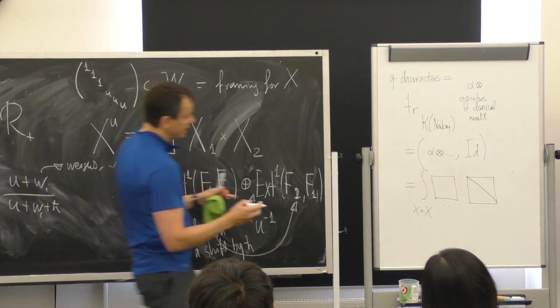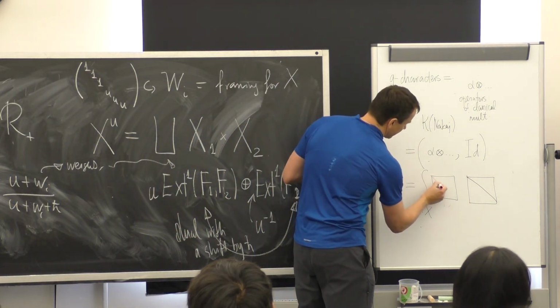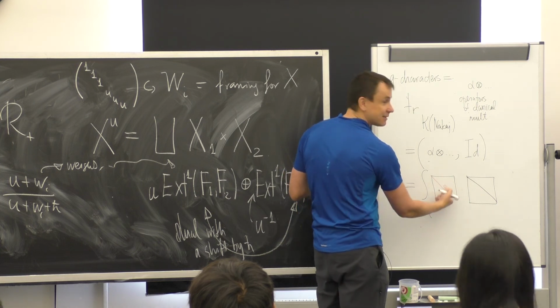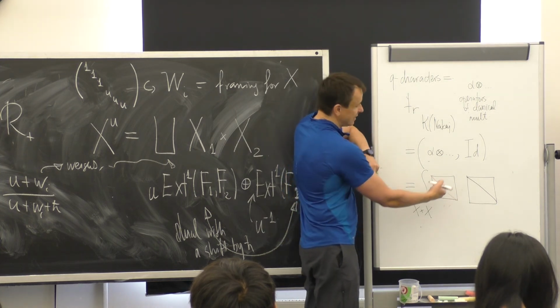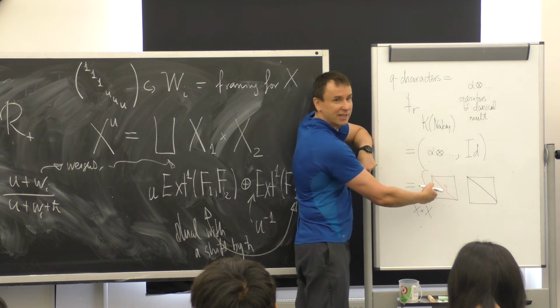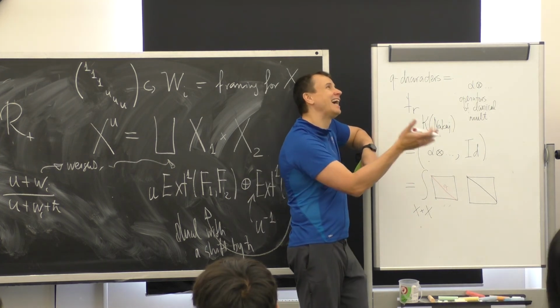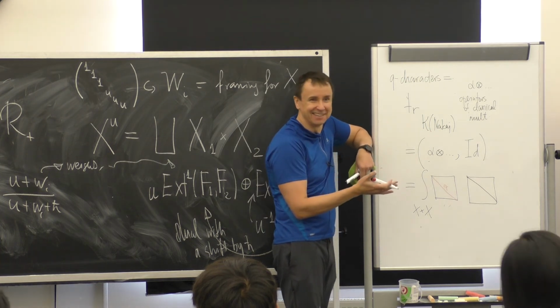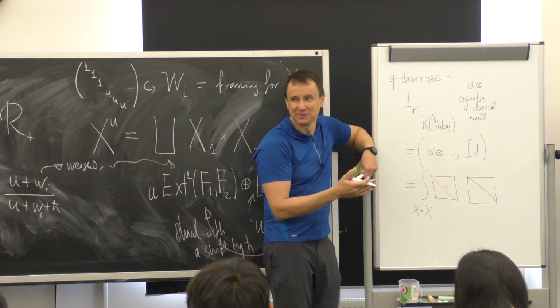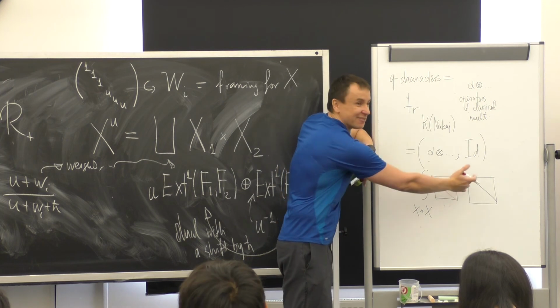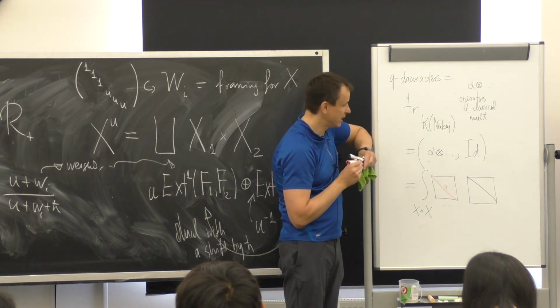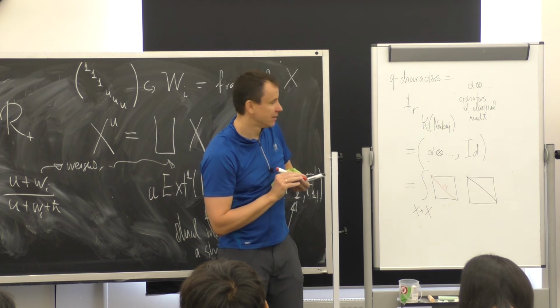Well, you put that alpha on the diagonal, right? Diagonal sits inside. A diagonal is a copy of x. You push forward alpha under the inclusion of diagonal. Okay, you put your class alpha here.